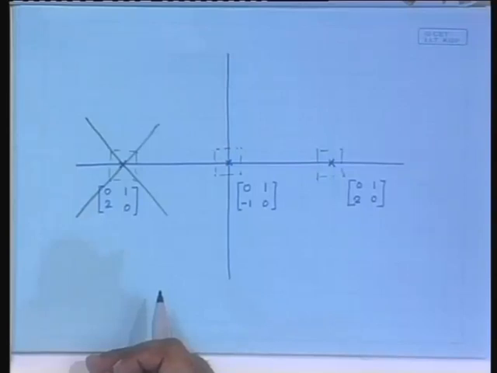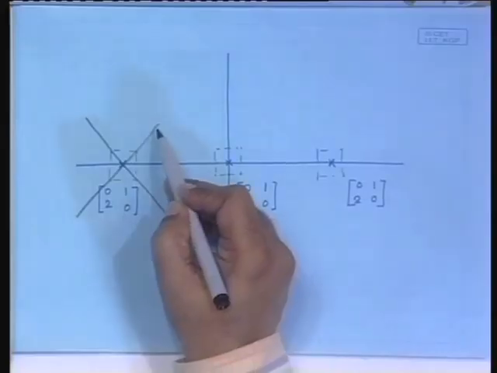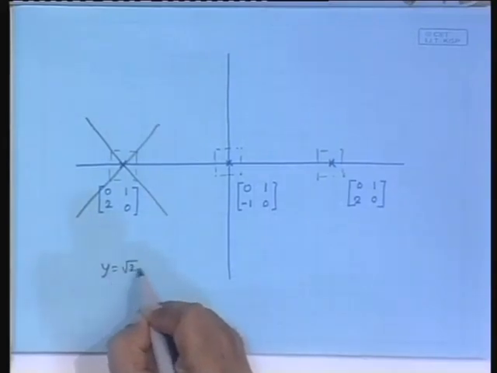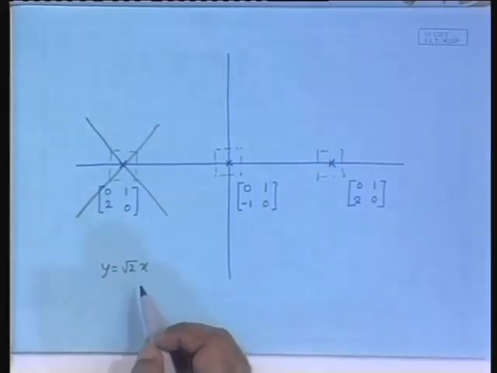Y is equal to root 2x, is that right? Which one? No, plus root 2. Yeah, the eigenvector associated with the plus root 2 eigenvalue is y is equal to root 2x. That is what you said.